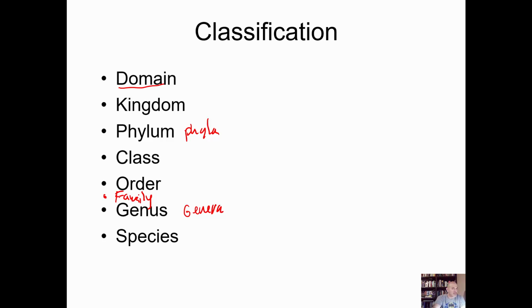So I would like you to know the order of this system here. This is the broadest group, or most inclusive, and this is the least inclusive or most specific. So if I ask a question about the order of these, what we're going to call, these are the taxonomic ranks. Okay, so I'm going to refer to them as taxonomic ranks.